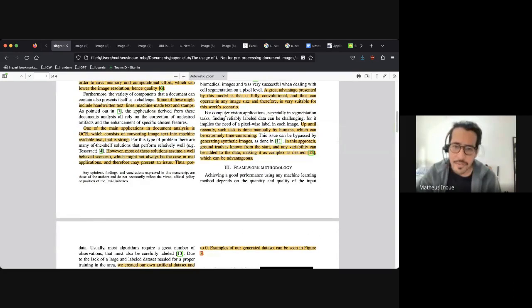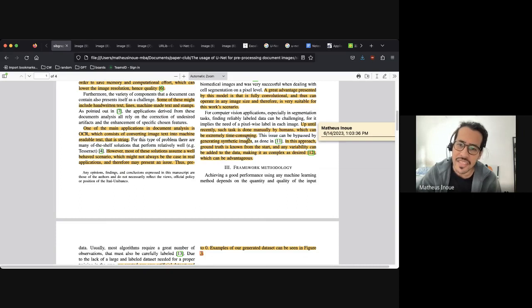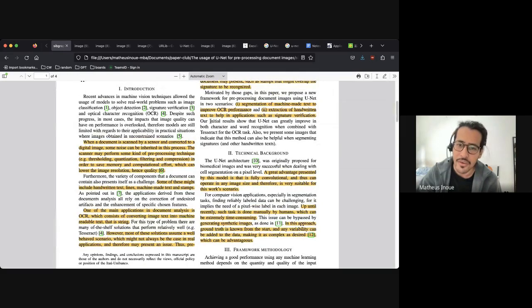And then here they go about one of the main challenges of document analysis. They say that up until recently, such a task is done manually by humans, which can be extremely time consuming. So you have an image of a document and say, oh, human, type this. So you go to Amazon and other services for data labeling.